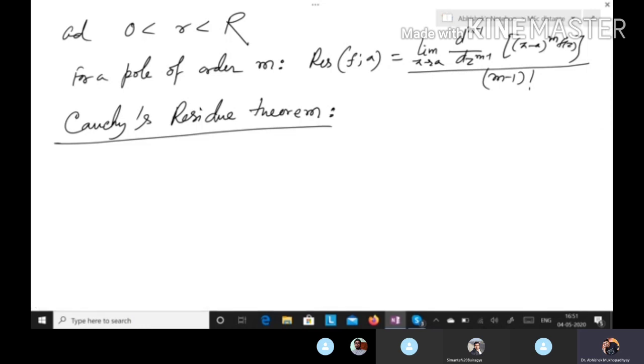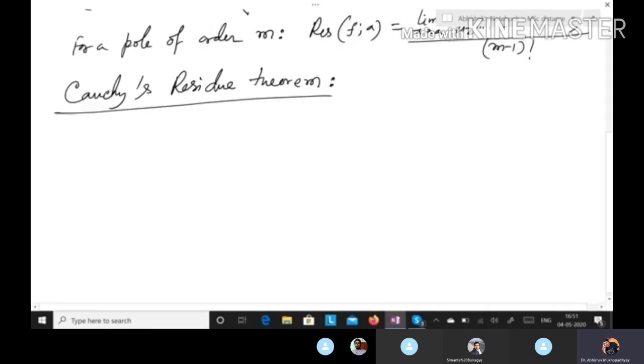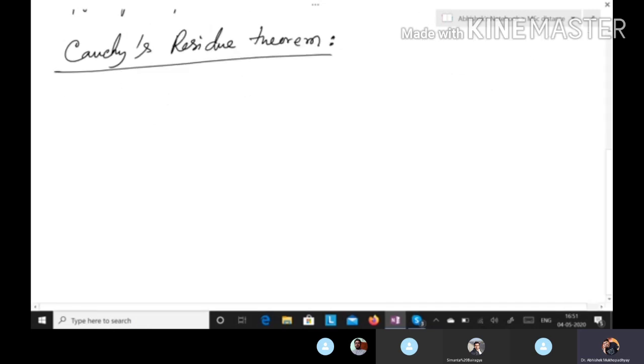That is, without doing any integration, we can have the value of the integral with the help of this theorem. This is very crucial, and as an application, several improper integrals can be evaluated very smoothly with the help of Cauchy's residue theorem. So let us have a look at the theorem.